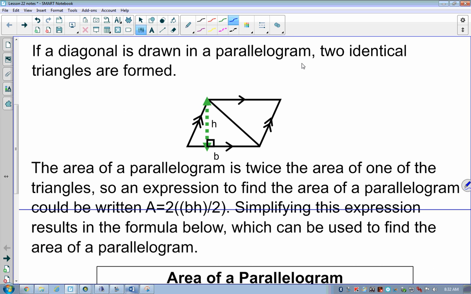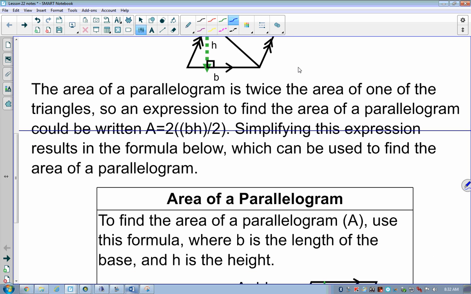So the area of a parallelogram is twice the area of one of the triangles. We get base times height divided by 2, times 2. What happens with the 2's? They cancel out. So finding the area of a parallelogram simply becomes base times height.